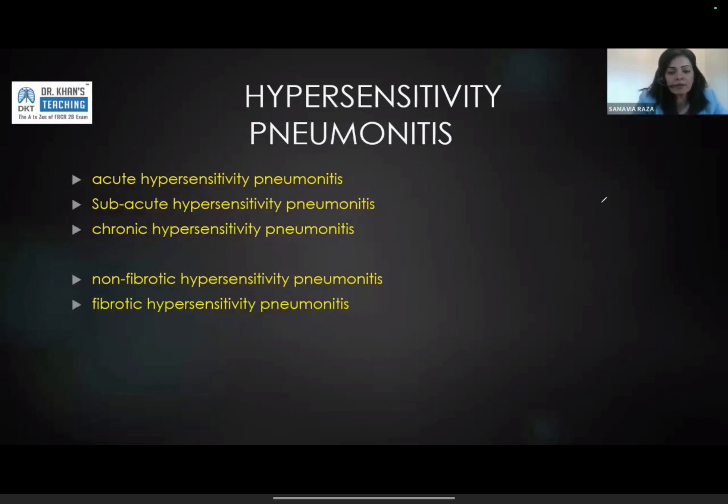It's easier when you have a clear, enticing pathogen. So it was a bird they bought, it was a pet they had, it was an occupation they started. So they started working in a certain factory, or a certain occupation, a certain chemical, a certain budgie or a parrot. Then it's easier to identify the exact time that the HP would have started.